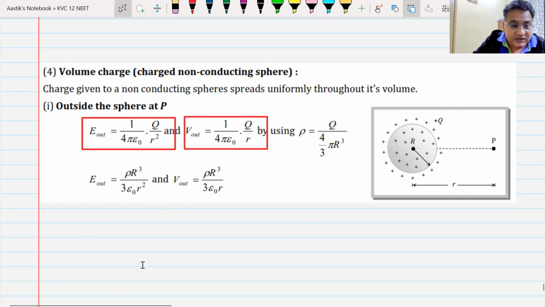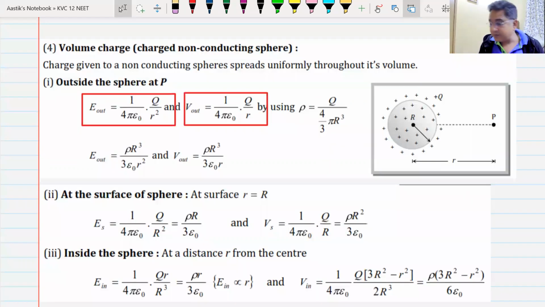But what changes dramatically is the electric field and electric potential for inside points. This may not come in your NEET exam for inside the sphere, but if you remember them, it's an added advantage. So what you have to remember here is the outside point, both the things.